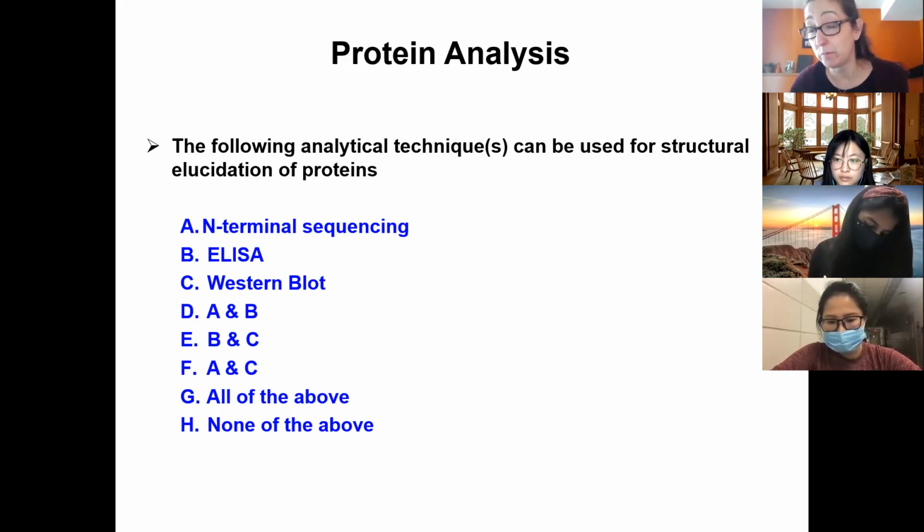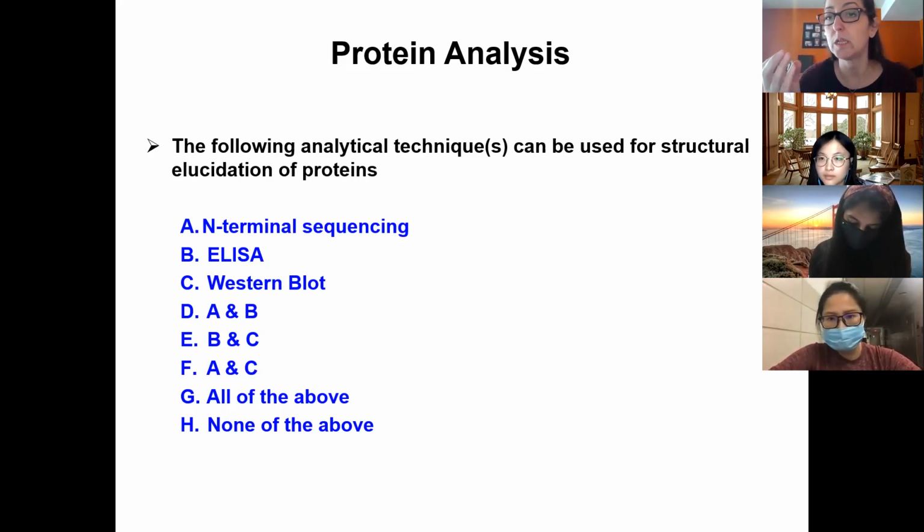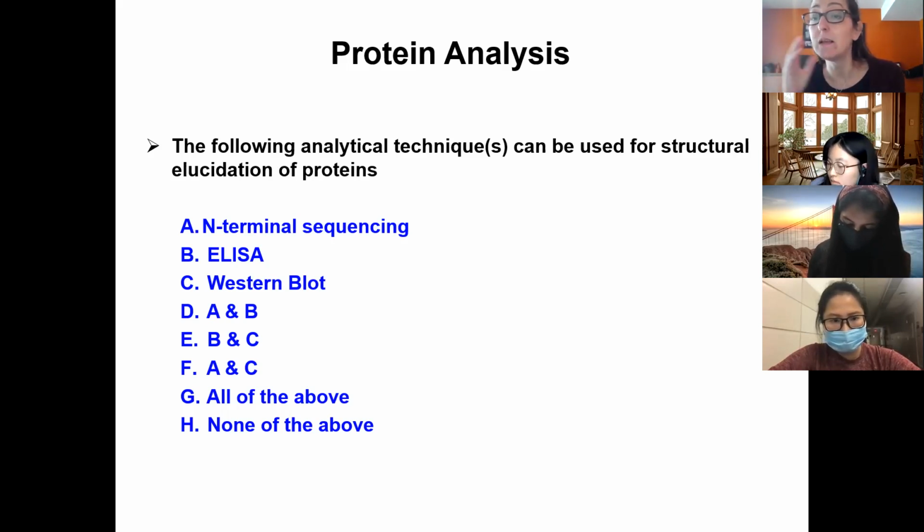If you have a protein of interest that you're looking for, it will interact with the antibody, then you add the substrate to the enzyme that is linked to the antibody, and then you get a color, and then you would see if there is immunoreactivity or not. So again, it's an immunoassay. It's not necessarily a structure elucidation, it's identification, determining the immunoreactivity, determining presence of certain type of protein. So that's what it is, okay?